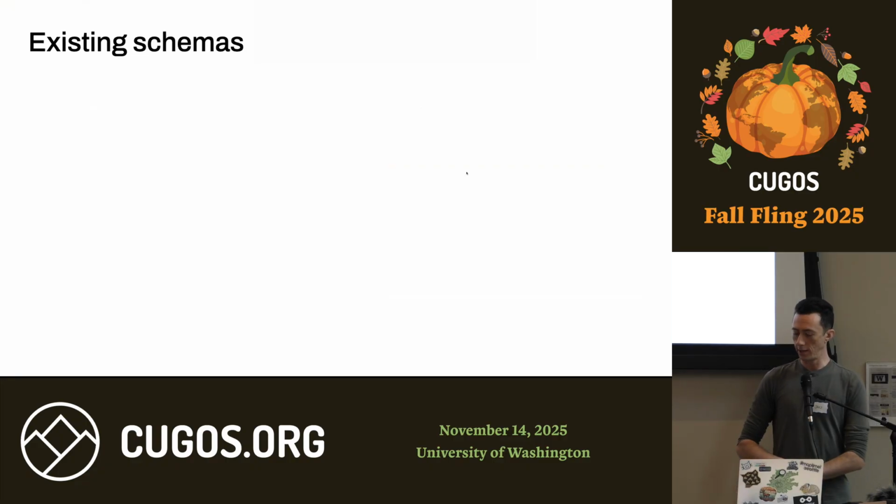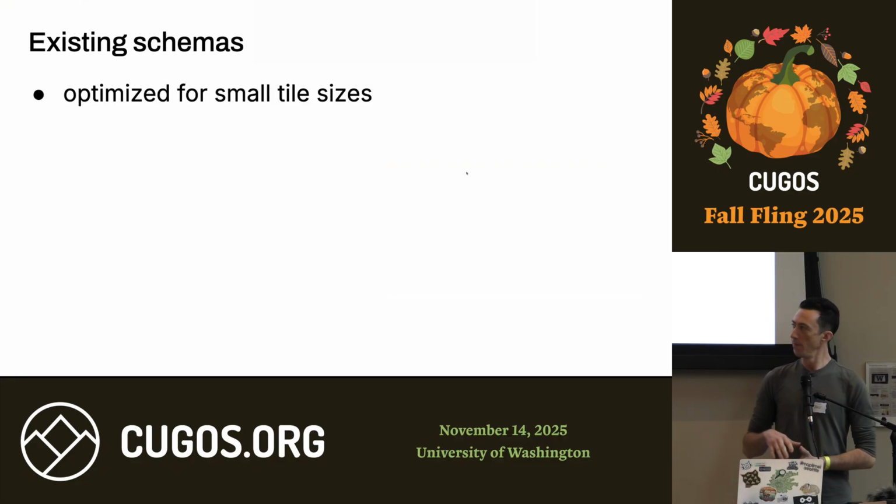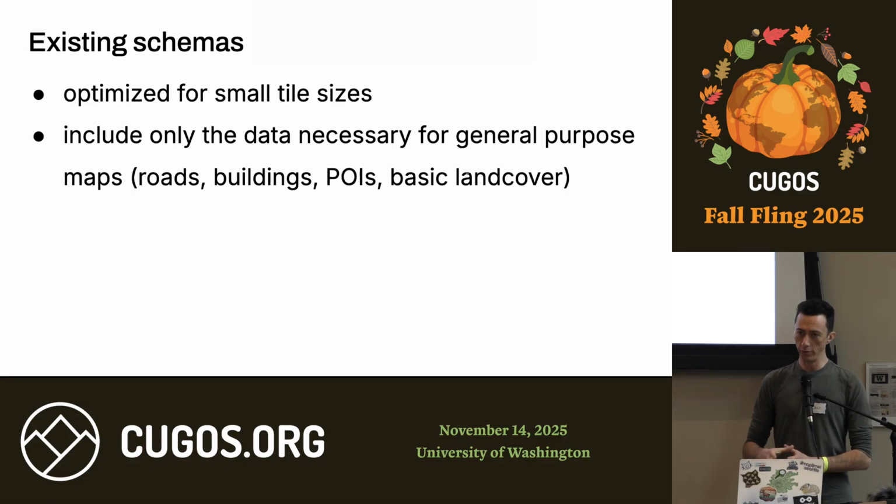But something interesting that I started to notice when I looked at these schemas is that they both make a lot of the same trade-offs when thinking about how to optimize vector tiles for different use cases. They both optimize for small tile sizes, and they do that by including only the data that's necessary for general purpose maps. So they include data from OpenStreetMap about roads, buildings, POIs, some basic land cover information.